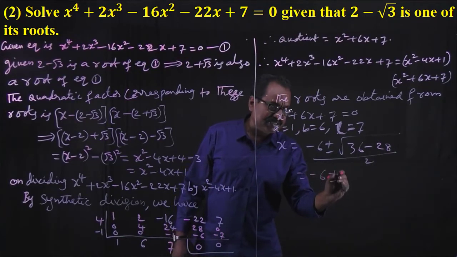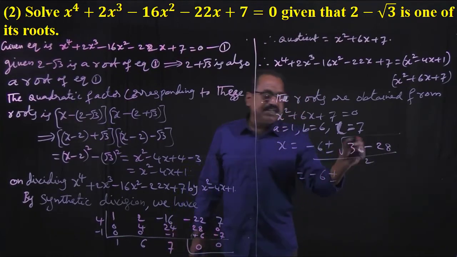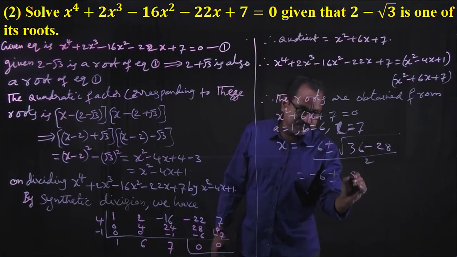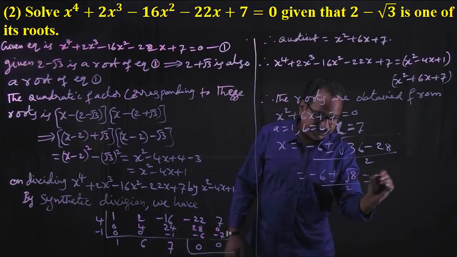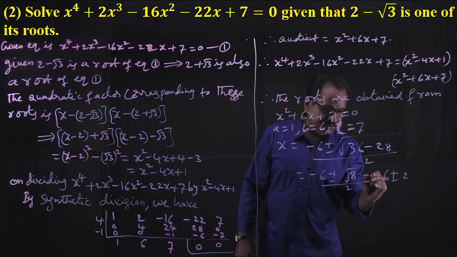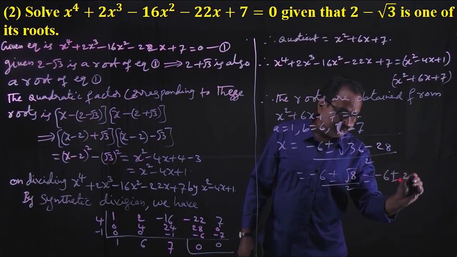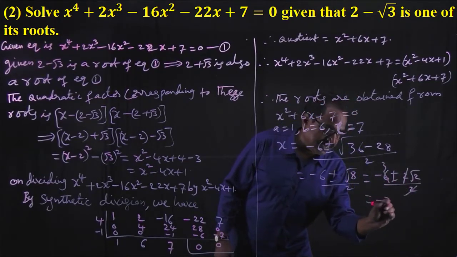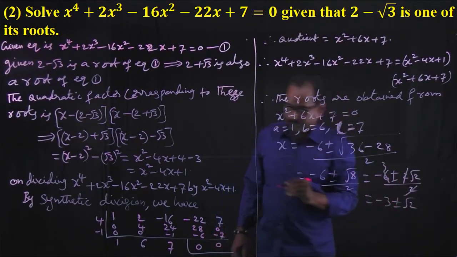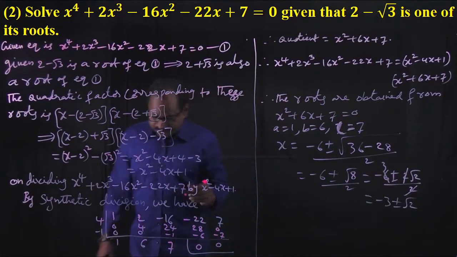Minus 6 plus or minus root 8 by 2, that is equal to minus 6 plus or minus 2 root 2 by 2. Here 2, 2 gets cancelled. Minus 3 plus or minus root 2.